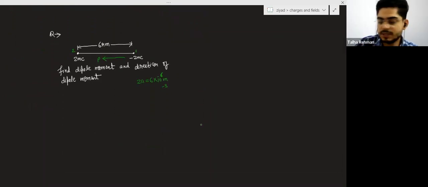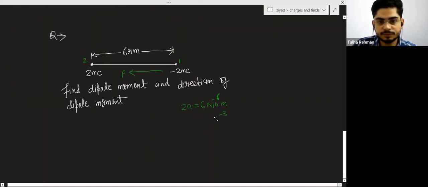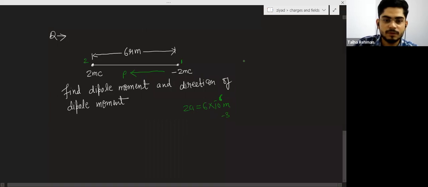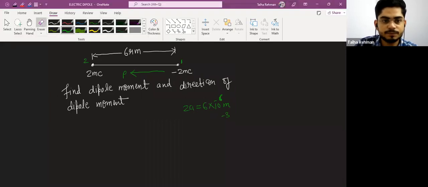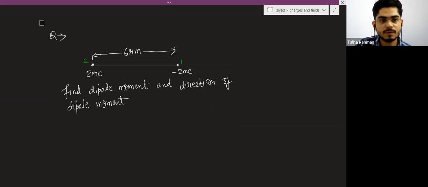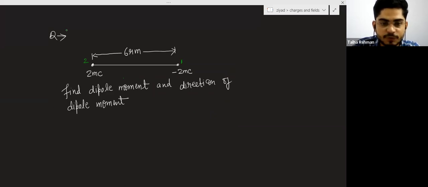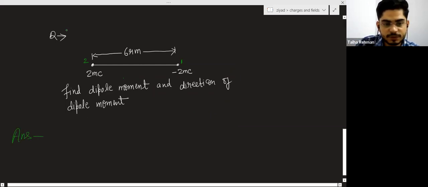Now there is a very simple question. Two charges are given, 2 millicoulomb and minus 2 millicoulomb, and these charges are separated by some distance, and the distance is given. We have to find the dipole moment and the direction of dipole moment. So this is a very easy question. For the dipole moment, what is the formula?